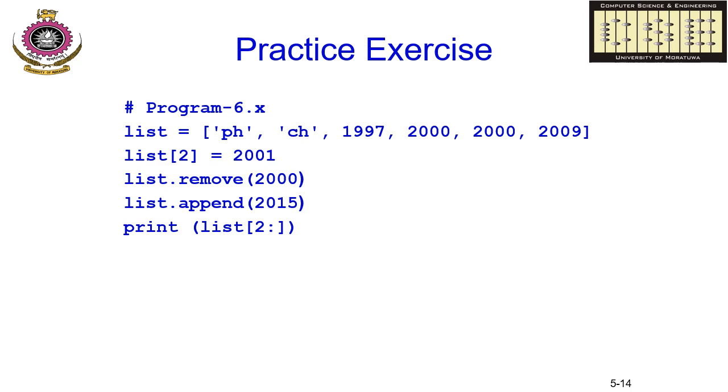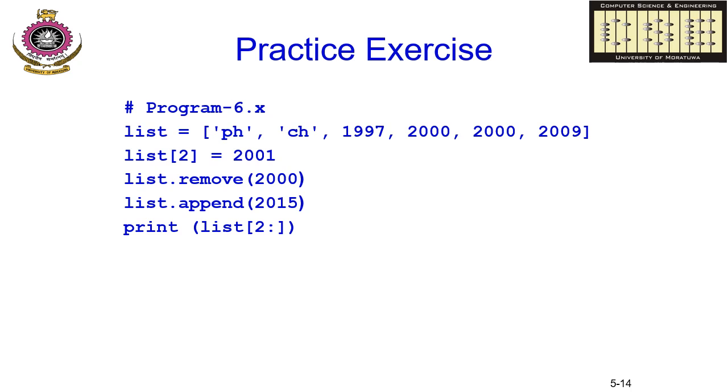And then there's an append call which will add a new item to the end of the list. The new item is 2015. And then there's a print statement having a slicing operation, but you will notice that there's no number here. Initially we saw that we had to provide the starting index and the ending index. But what happens if we do not provide an ending index?